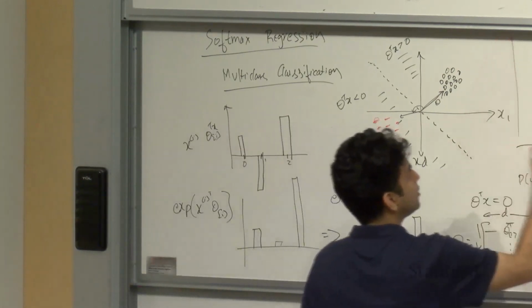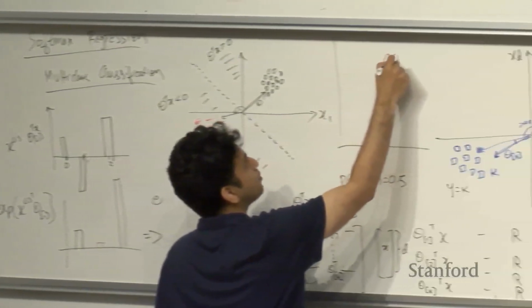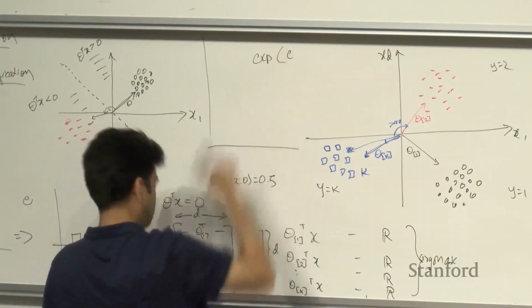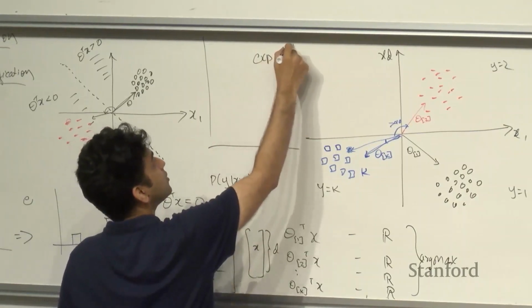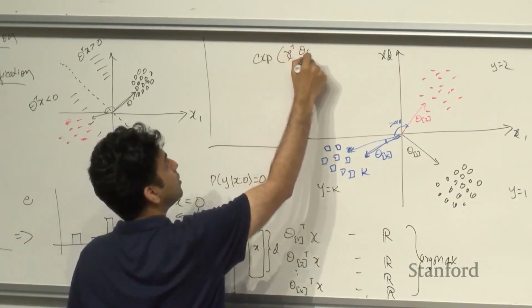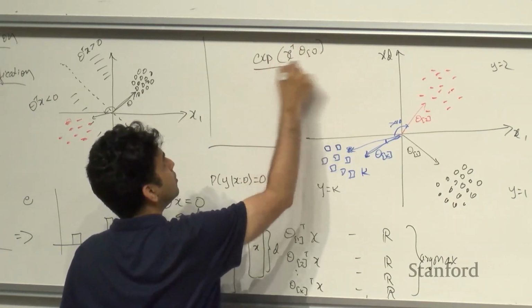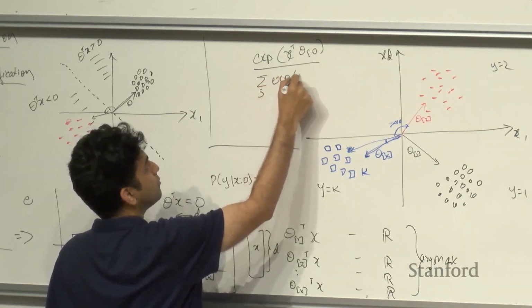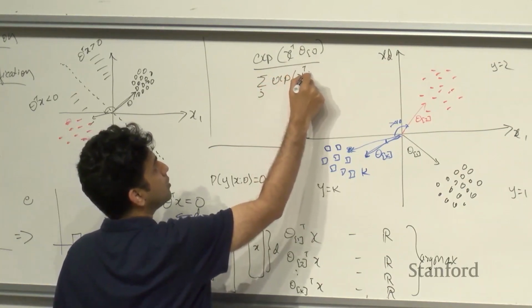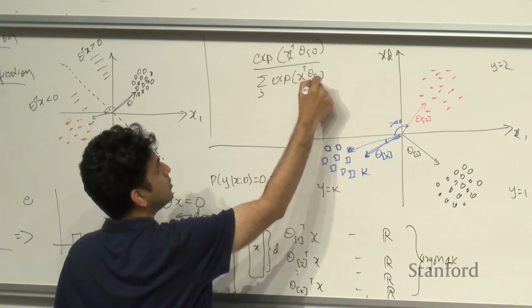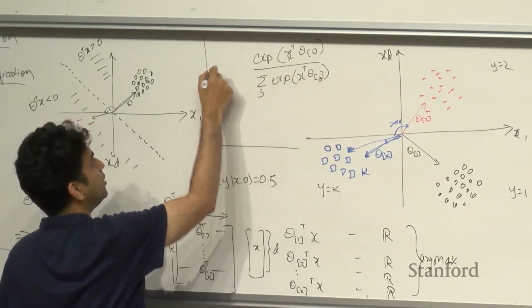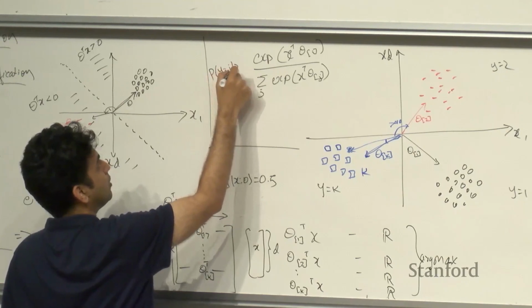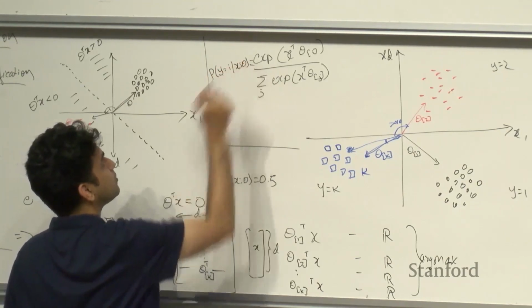So you get exponent of x transpose theta i over the summation over j of exponent of x transpose theta j, and this will be the probability that y equals i given x, theta.